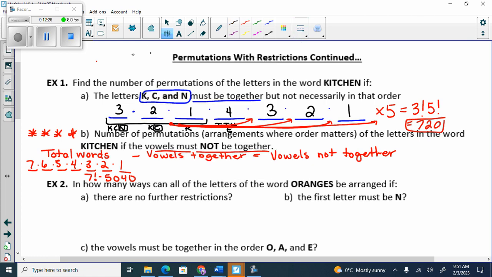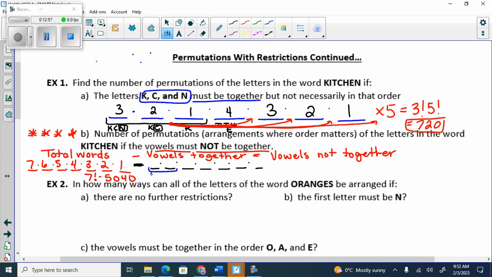Kitchen has how many vowels? It's a subtraction sign, not a blank. It has an I, an E. Does it have any other vowels? No. So how many am I hooking together at the front? 2, right? So I'm going to hook 2 together at the front. This is my I or my E, correct?